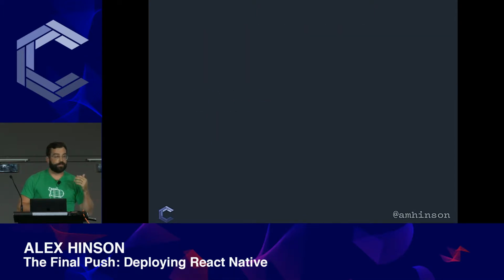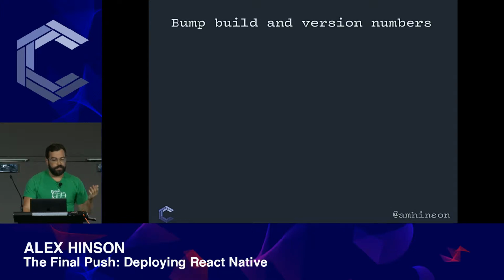Before I get into some more automated solutions, here's a quick example walkthrough of some of the steps involved in deploying a standard React Native iOS and Android app manually. First, we have to manually bump up the build and version numbers for iOS and Android.